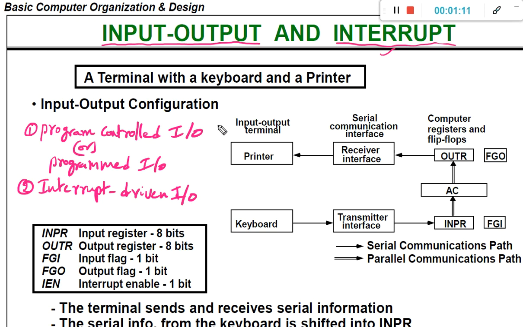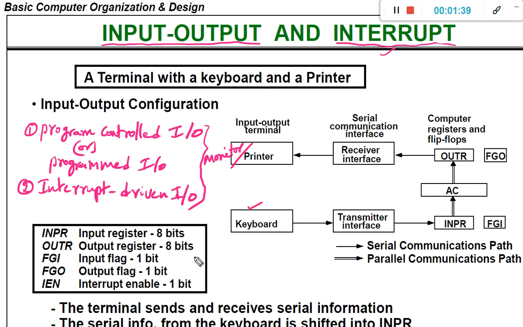Before actually going to these two topics, first of all, let us review once again how the input as well as output operations are carried out. We know that input is fed to the computer using the keyboard, and output is either displayed on the monitor or printed on a printer.